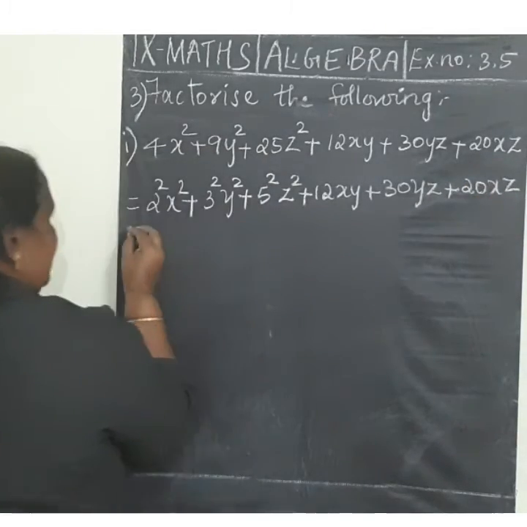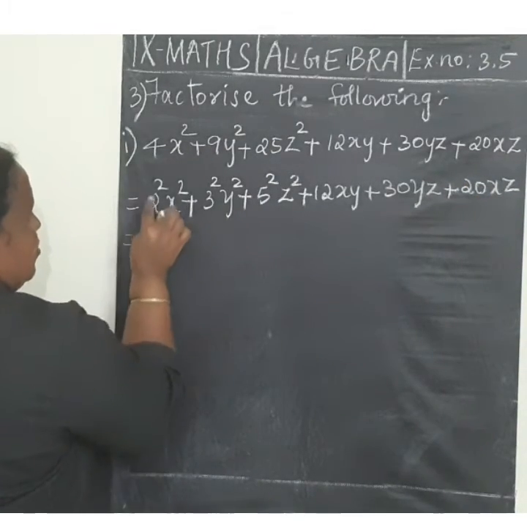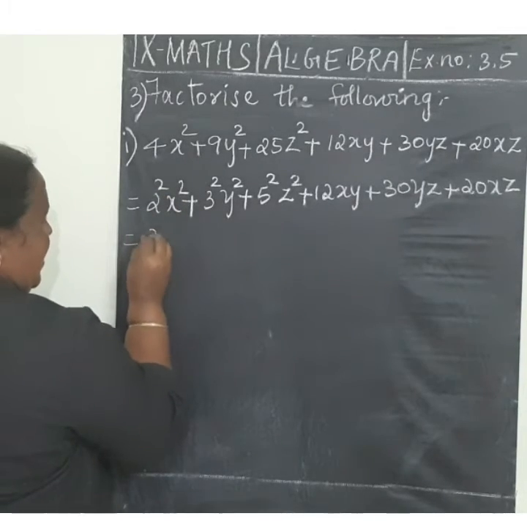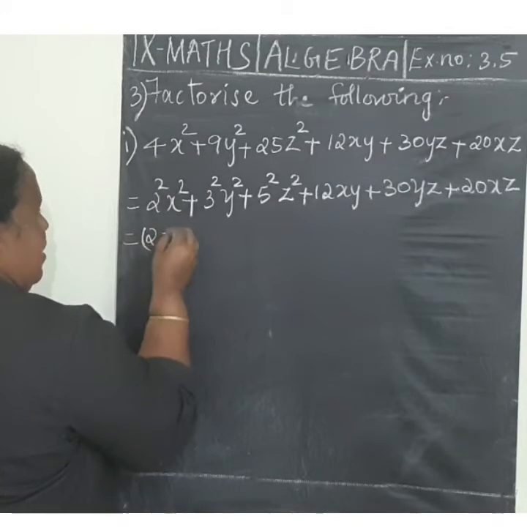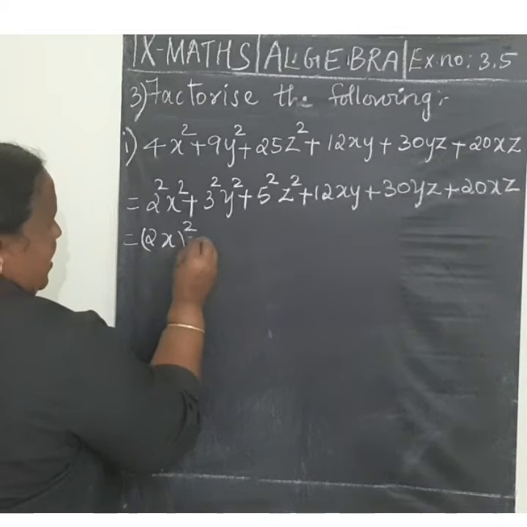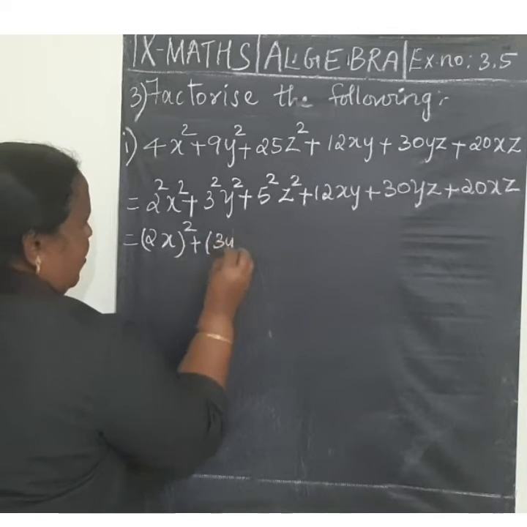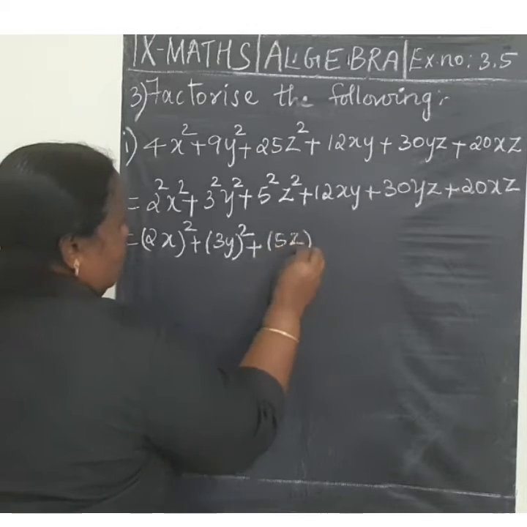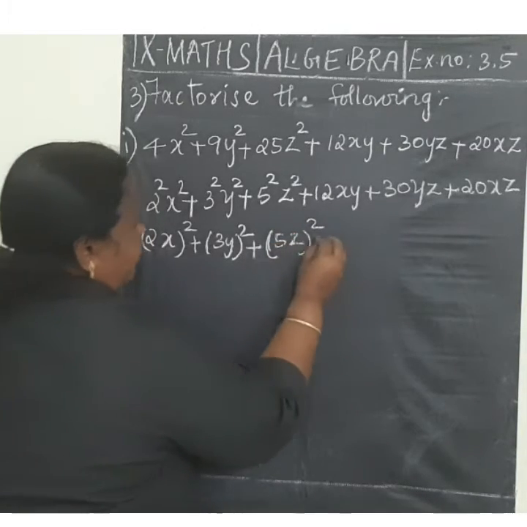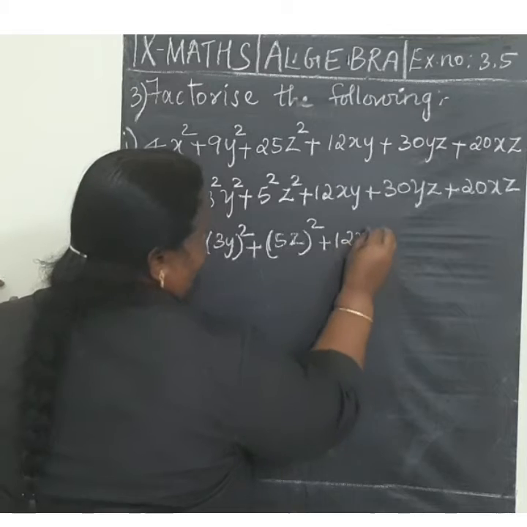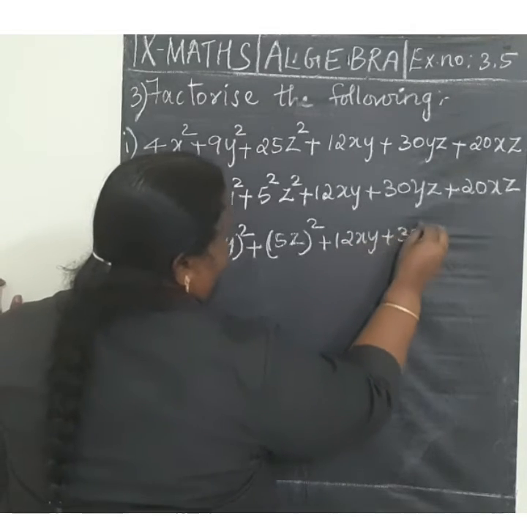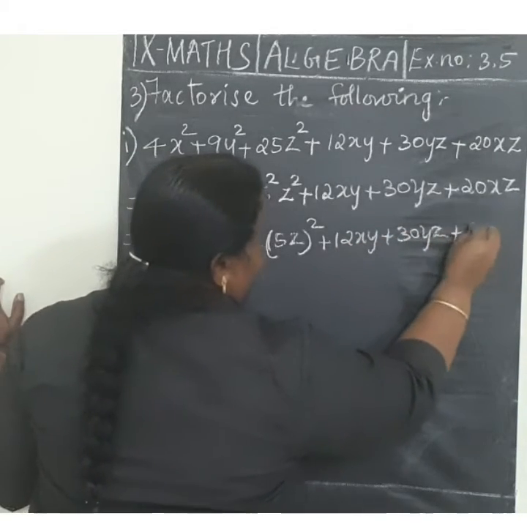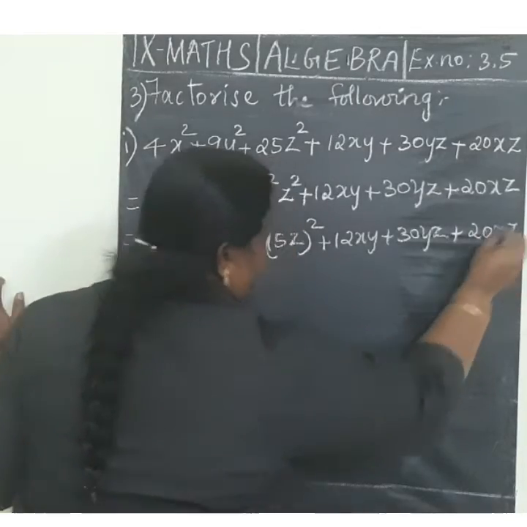Next, this is equal to 2 square x square, we can write it as (2x) the whole square plus (3y) the whole square plus (5z) the whole square plus 12xy plus 30yz plus 20xz.